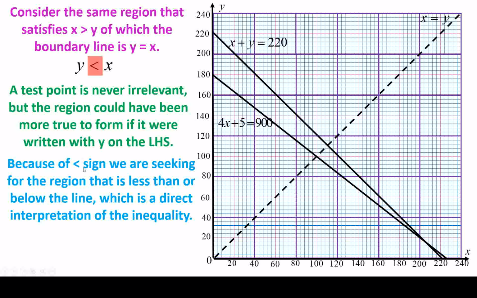Because of the less than sign, we are seeking the region that is less than or below the line, which is a direct interpretation of the inequality.